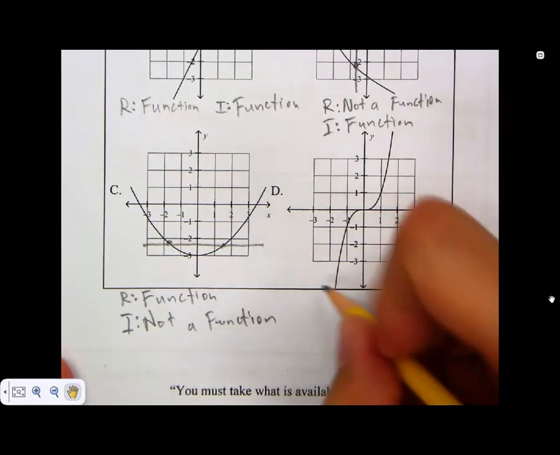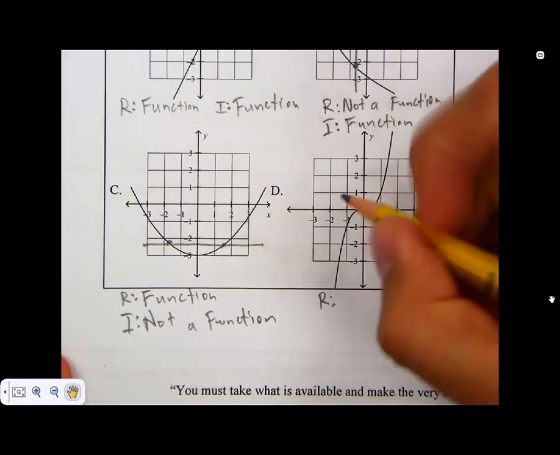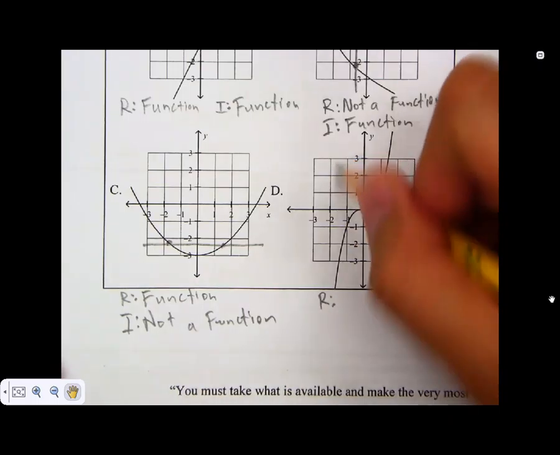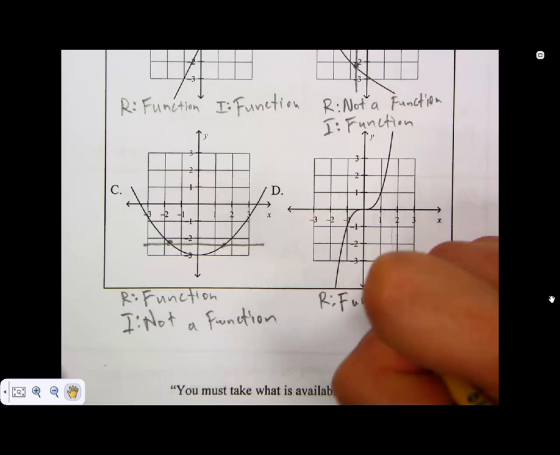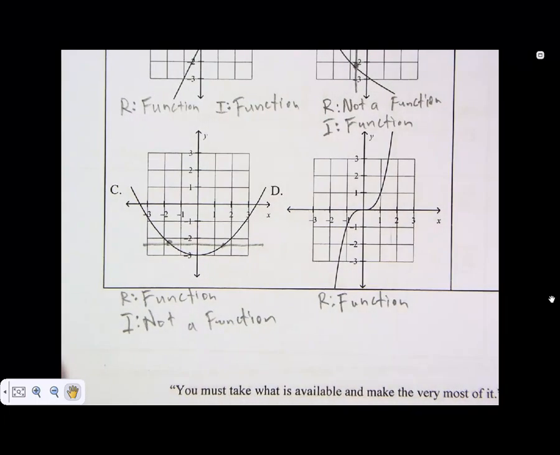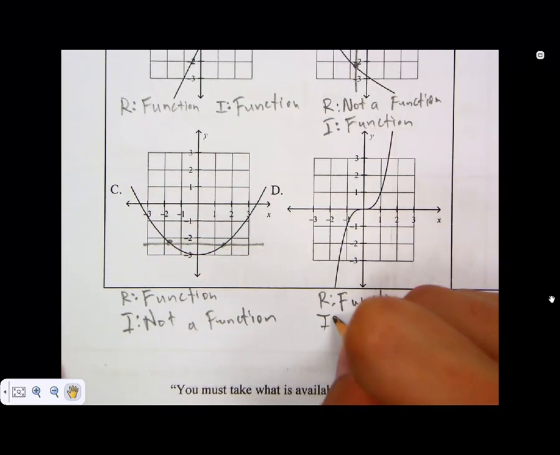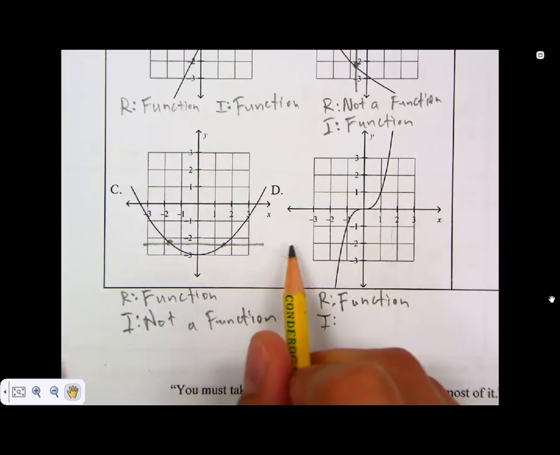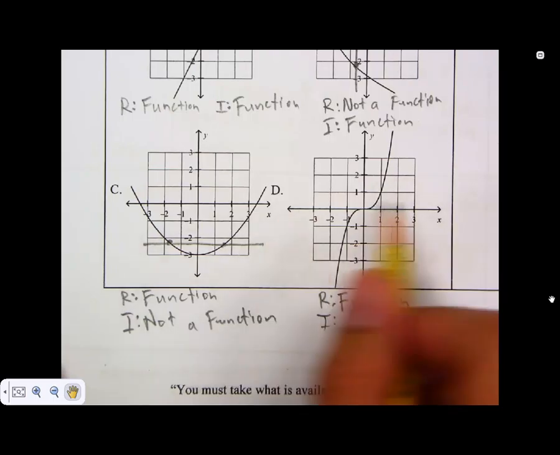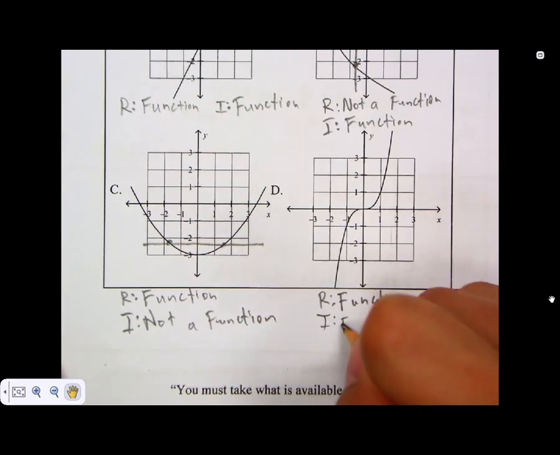And last one, D. I run my vertical line test straight up and down, and it only crosses at 1 point, so it's a function. And the inverse, the horizontal line test is left and right. I run it straight left and right, and it's a function.